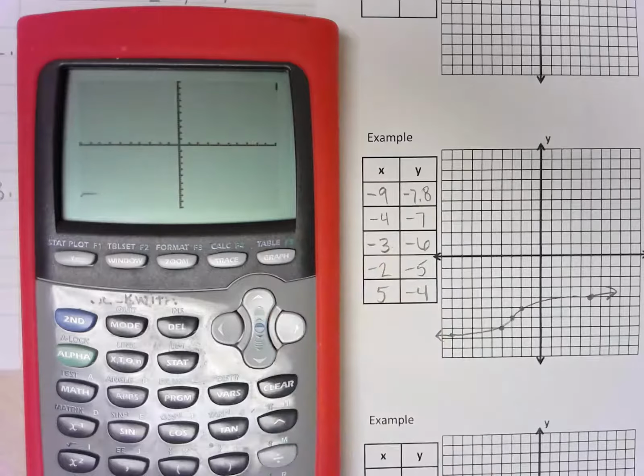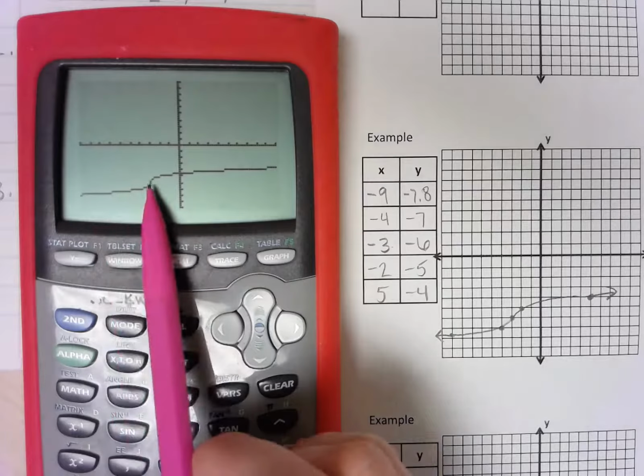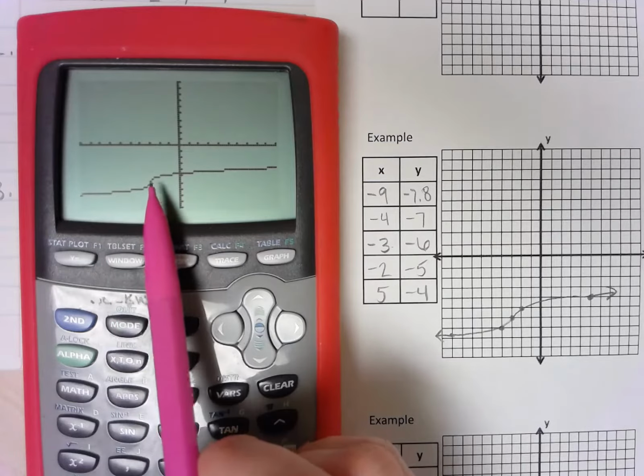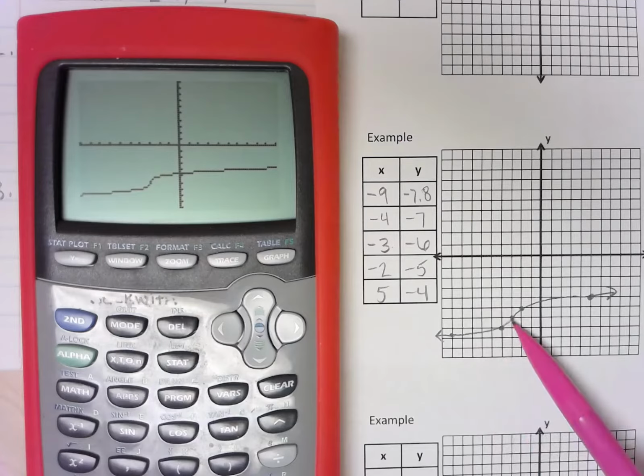Again, hit the graph button so you can see and compare that to the picture of the graph. And you do see that curved shape there with our starting point in the center, and then it curves up and down off of that starting point. So it's always helpful, of course, to graph the starting point and then to graph the next points on either side, the very next one, to get that curved shape.